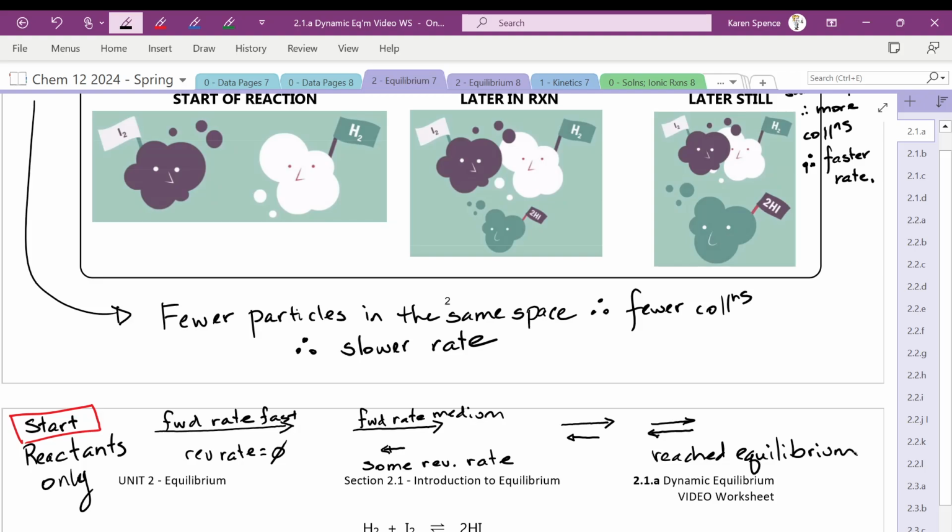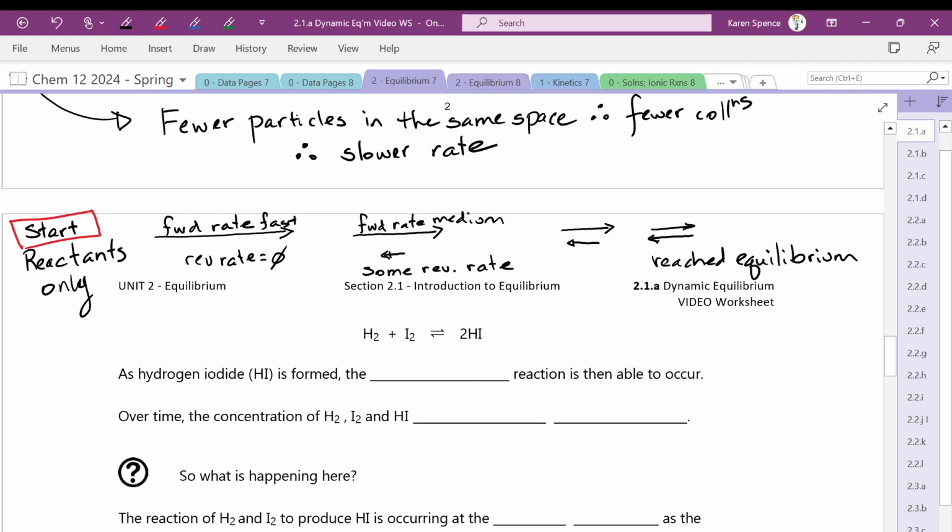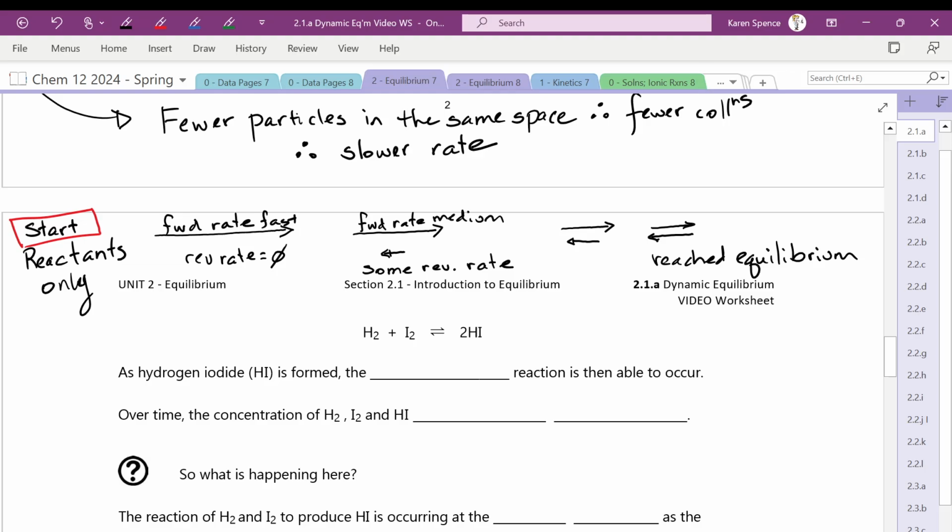And so you'll start with one rate being really big and the other rate being 0, and eventually they will meet until they match each other. Yes? And then we will reach equilibrium, and as long as you have a closed system and don't change the temperature, you're good to go. Okay? And we're going to graph that, but not right this second.